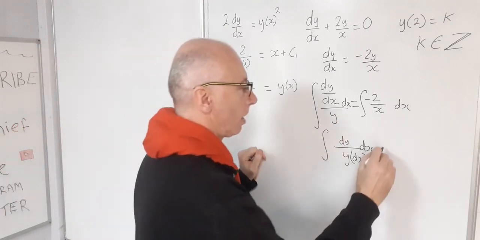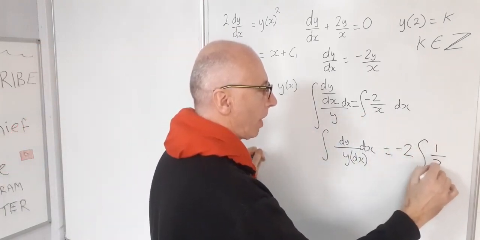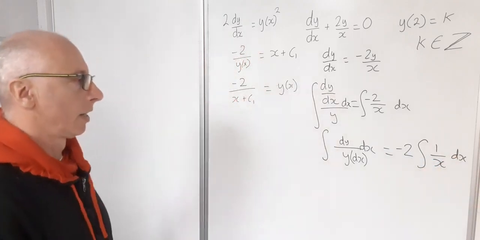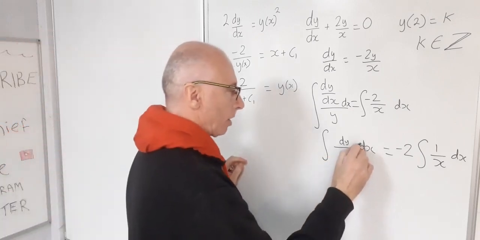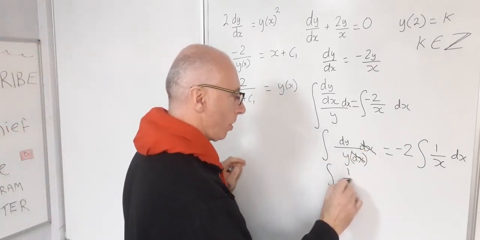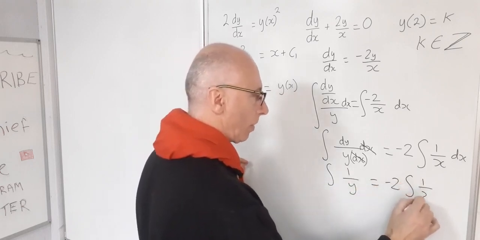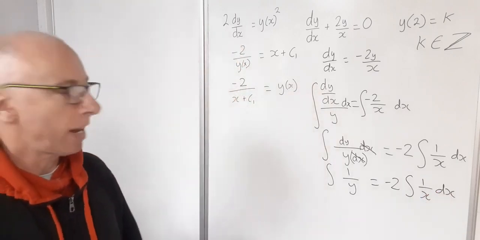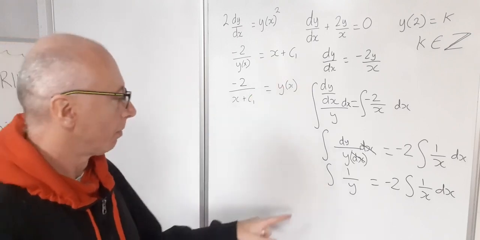And then here, I'm going to bring my -2 out front. That'll leave me with 1 over x dx. Nice easy integral on the right hand side. Okay, well, as before, these dx's are going to cancel out, and now I'm going to be left with the integral of 1 over y equals -2 times the integral of 1 over x dx. And now we're ready to integrate. So I'm going to bring these up the top and do my integral.